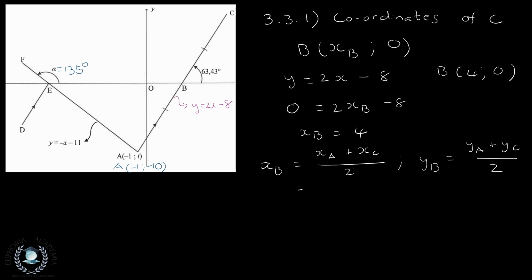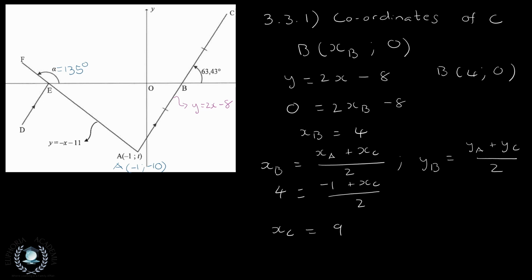As we substitute xb, which we found to be 4, xa is minus 1, and we're looking for xc, divided by 2, after doing some algebra, we're going to see that that's going to be 8 plus 1, that's 9, so xc is equal to 9.